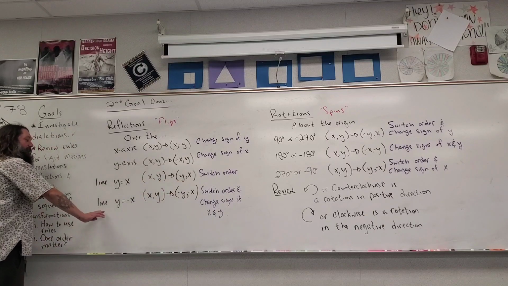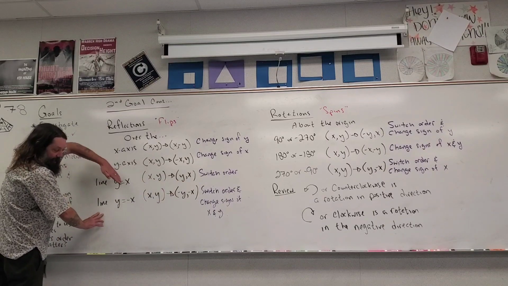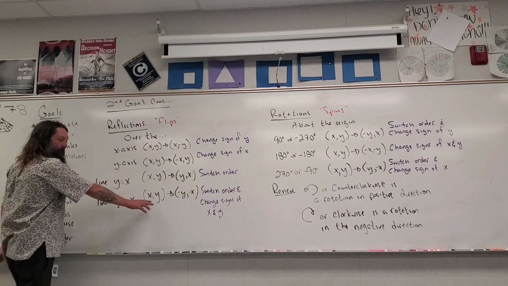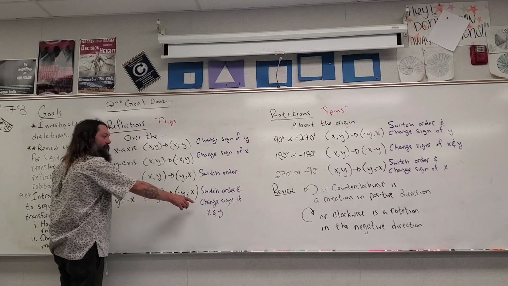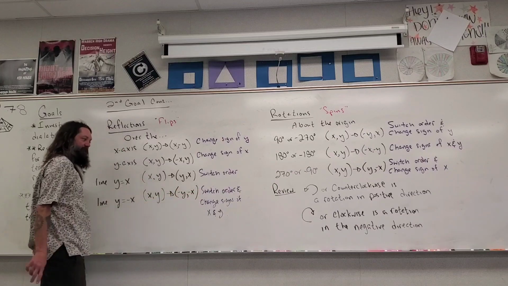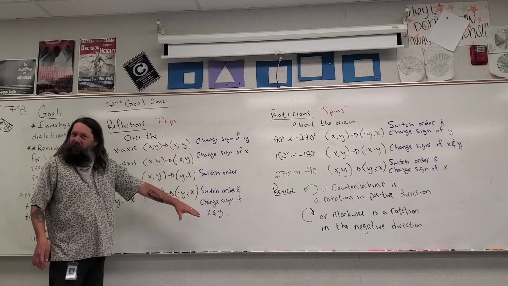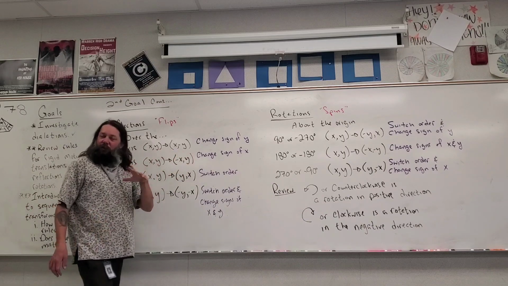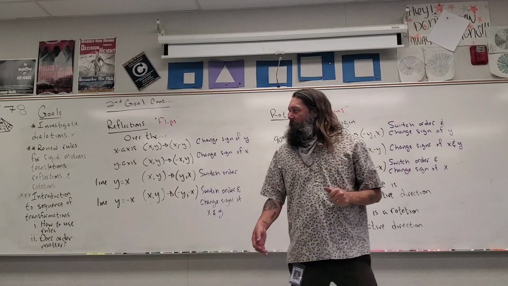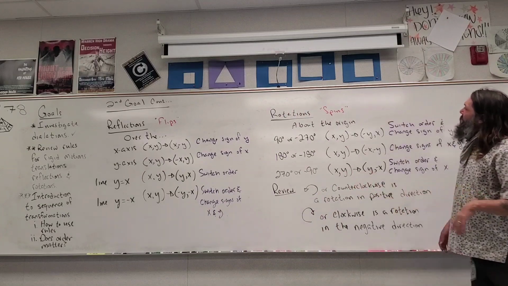And if I reflect over the line y = −x, (x, y) maps to (−y, −x). We switch the order and change the signs of x and y. So I included a translation of what's happening from the pre-image to the image, and hopefully that helps you understand this a little bit better as we move forward.